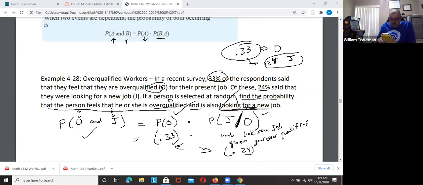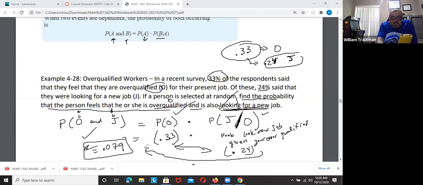We just have to know to multiply them together. 0.33 times 0.24. The answer is 0.079 if I round it to 3 decimal places.